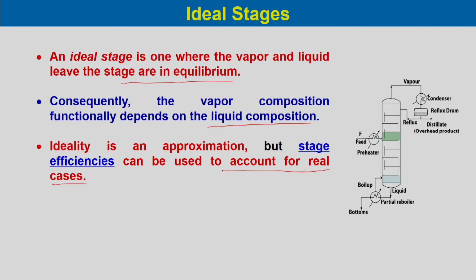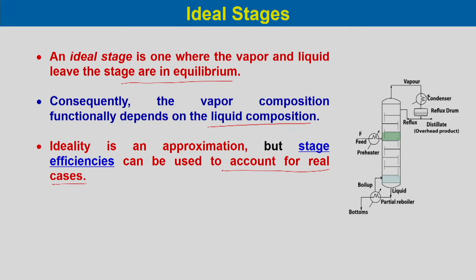If we assume that equilibrium is reached, that separation happens until equilibrium is reached, then we call it an ideal stage. But actually it may not reach the ideal equilibrium conditions in each stage, and there is a deviation from the equilibrium.